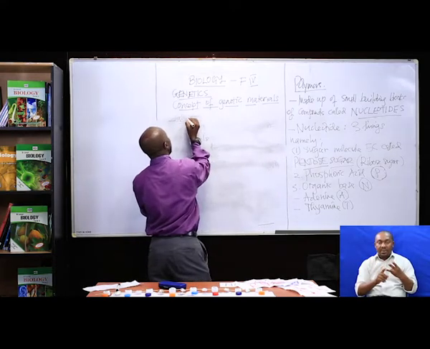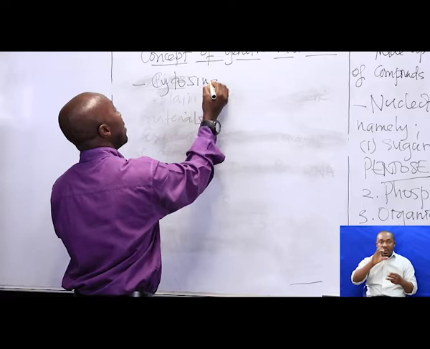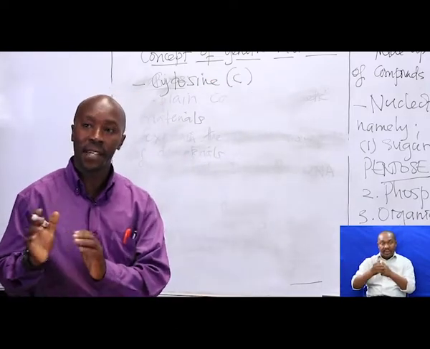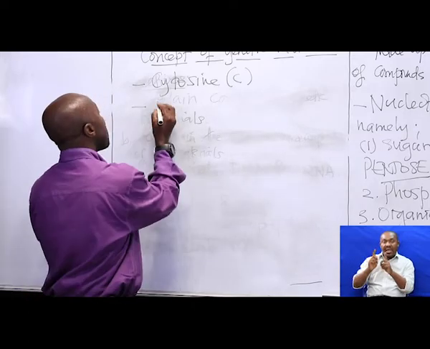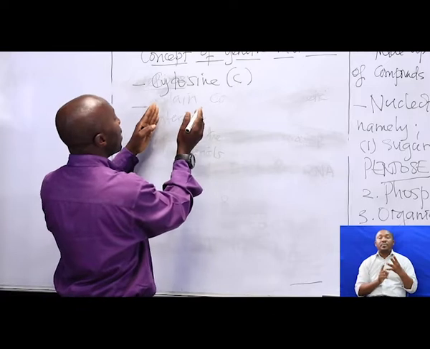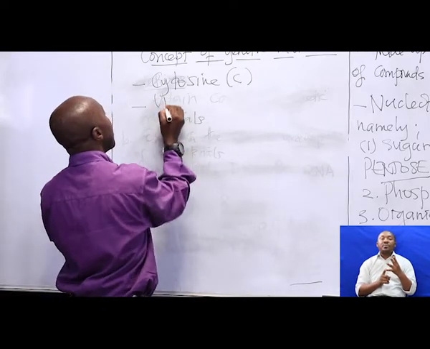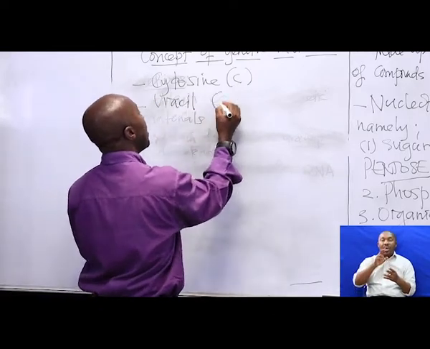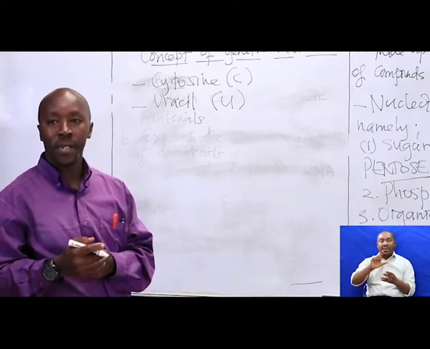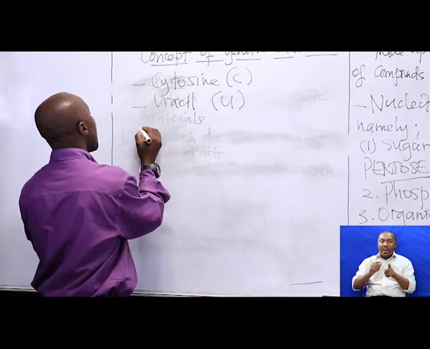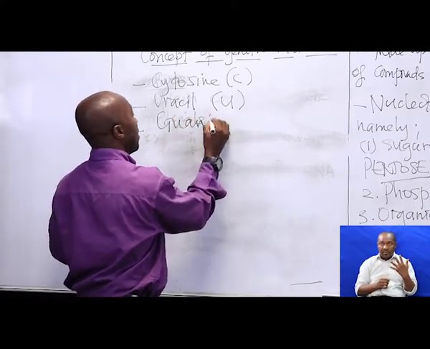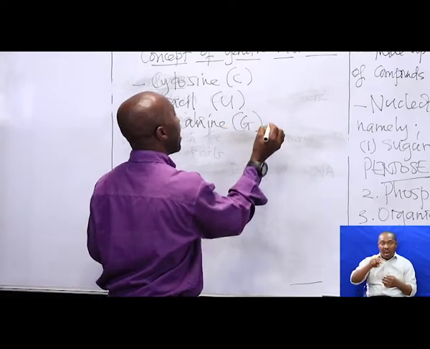Cytosine, represented by letter C. Another one is uracil. Yes, uracil, represented by letter U. And the last one is guanine. Guanine, represented by letter G.